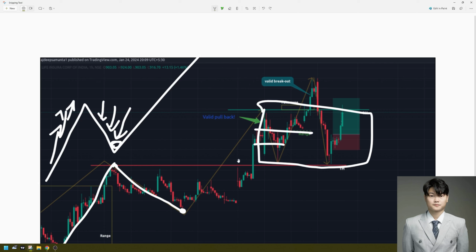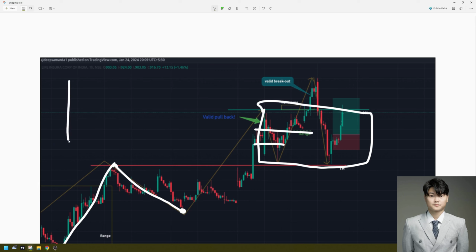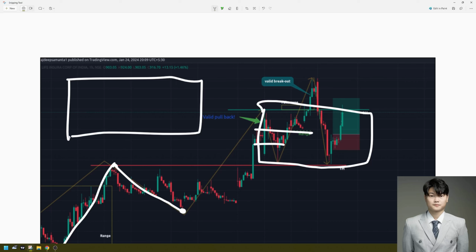But on the range, what is the story inside of the range? For example, we have a range like this, right? A range is the same as a box. The market is going up and down, up and down, up and down. The real story within the range right over here is that the markets have no decision for the next movement because the buyers and the sellers are equal together.